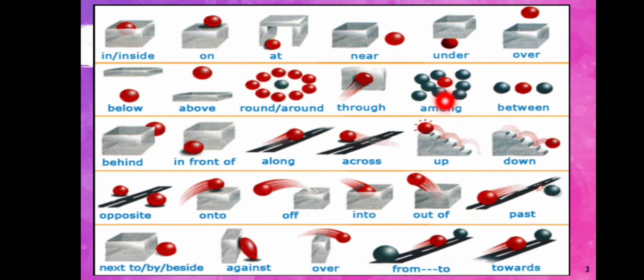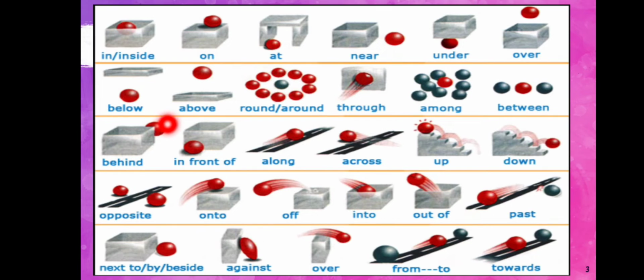And if you want to make the ball in the center and many balls, more than two, are there, you have to use among. Between is only used for two objects. If the thing is kept between two, you have to use between.